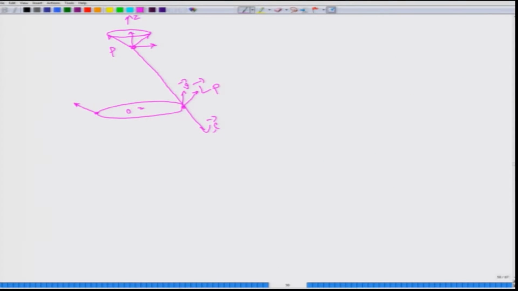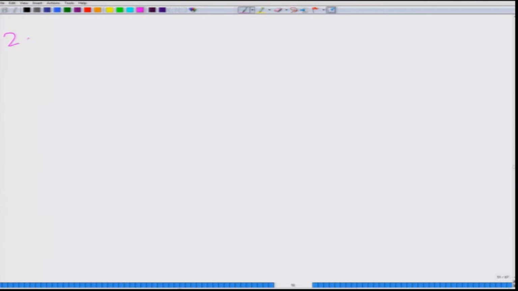So, the next problem I have is about moment of inertia. For simplicity I would take a disk. So, this is problem number 2. Let us calculate the moment of inertia of a disk.